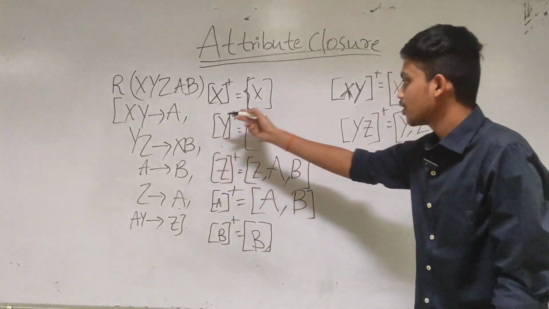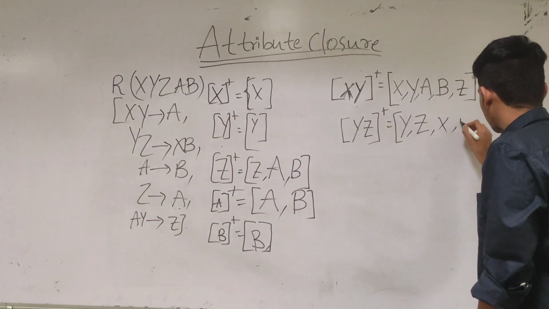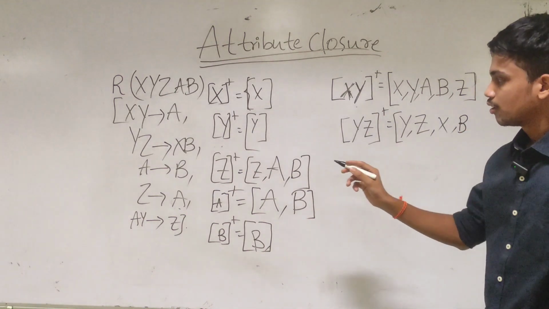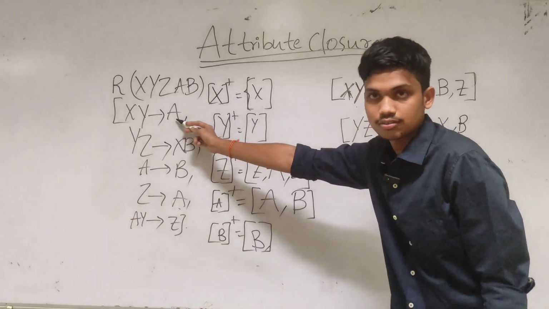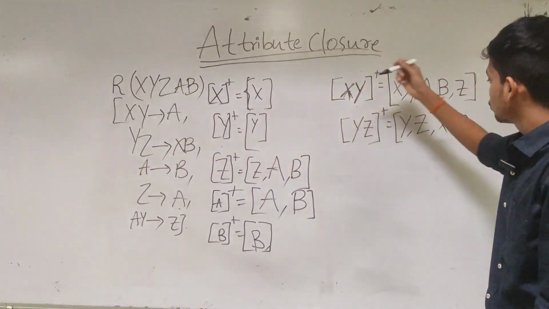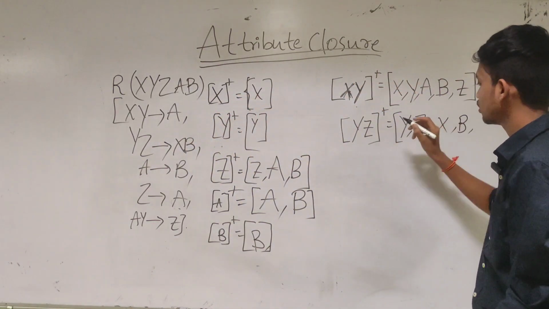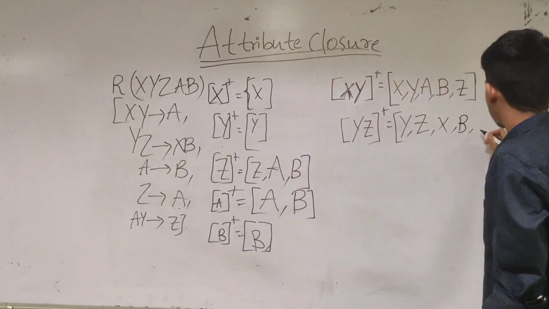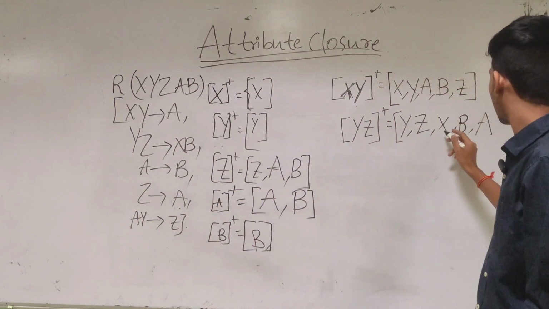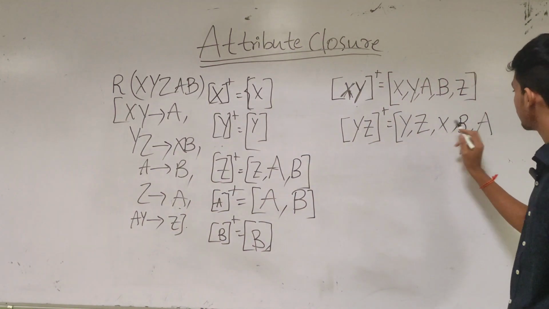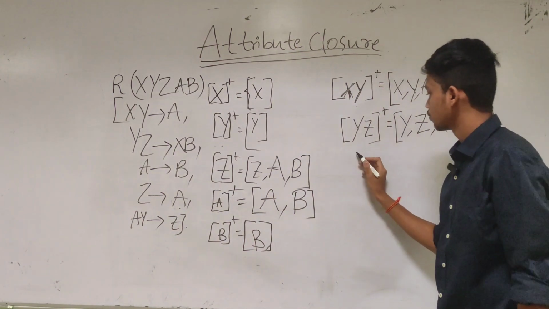You see, YZ derives XB, so X and B are included. Now XY is there, XY will derive A, so that should be included here. Now A is deriving B, it is there. I think we got all things here: X, Y, Z, A, B. So it is completed now.